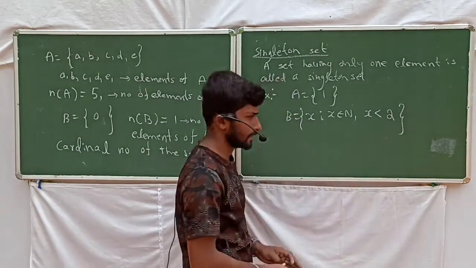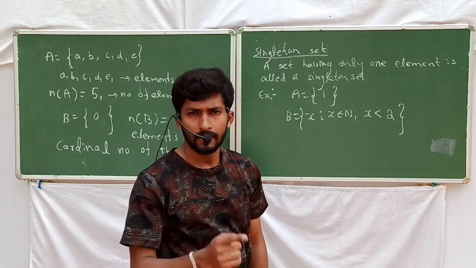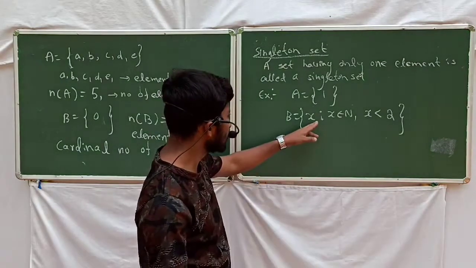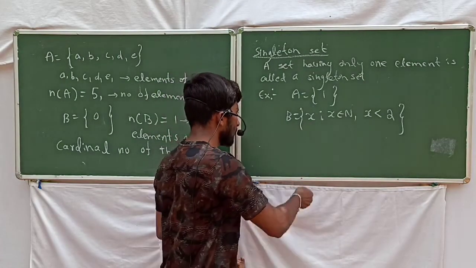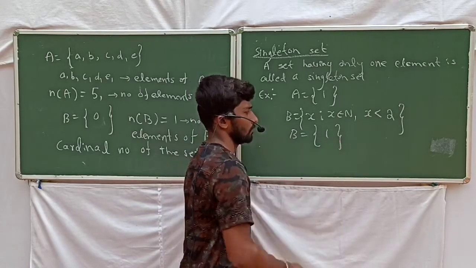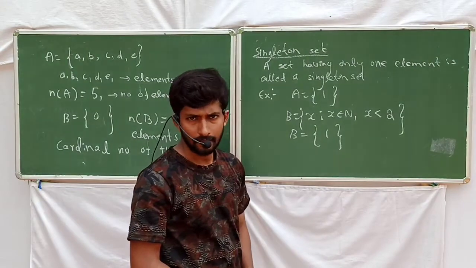All natural numbers less than 2. There exists only one natural number, that is 1. So set B has only one element, that is natural number 1. Therefore, this is an example for the singleton set.